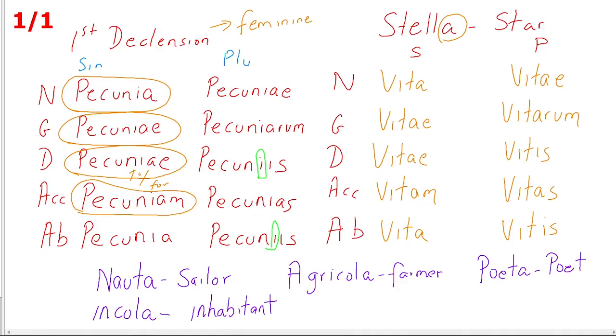Okay, so quickly solve nauta and poeta, and then we'll explain in a little bit more detail. We'll take a look at the cases, and then we can move towards the translation of the sentences.